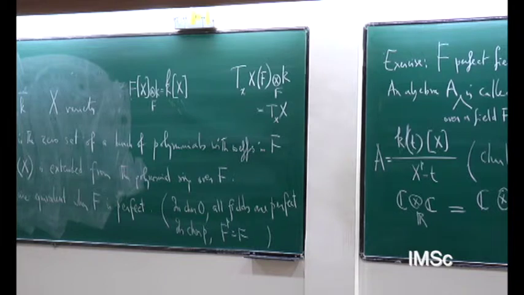Why is this isomorphic when f is not perfect? Okay, this was your question.